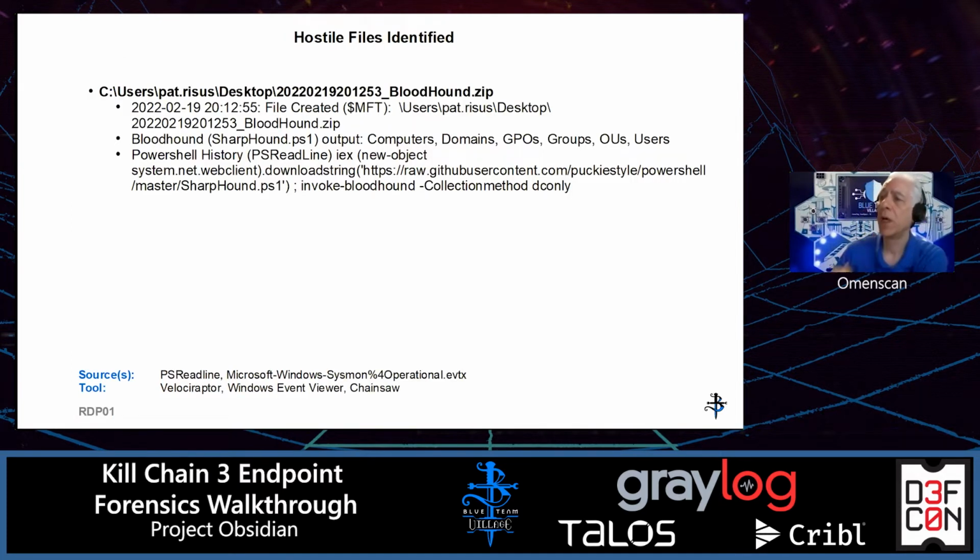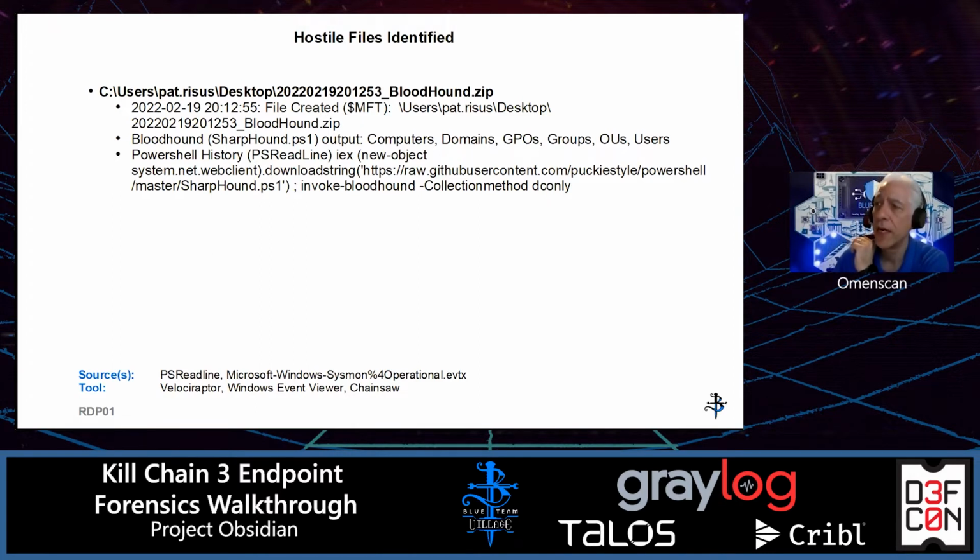One of the things that we do when we analyze a machine is we look for files that look like they're hostile. Now, actors don't always name their files obviously. This is not a hostile file, .txt. But in this case, we did see several files that looked like they could be created by the attacker.